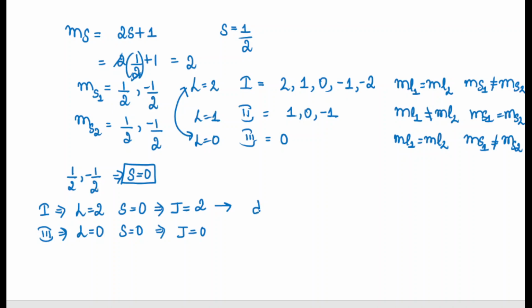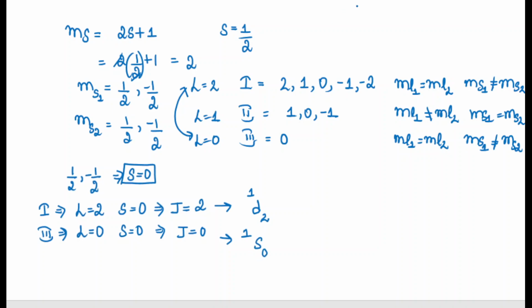That is D. And S equal to 0 means the superscript will be 2S plus 1, which is 1. Now D, and J equal to 2 goes below in the subscript, right? Like that we can write the term symbol for set 3. S equal to 0 means again the superscript will be 1. L equal to 0 means S, and J equal to 0 goes down.